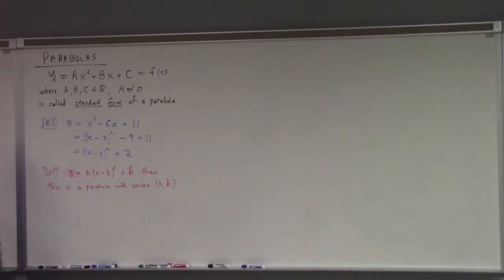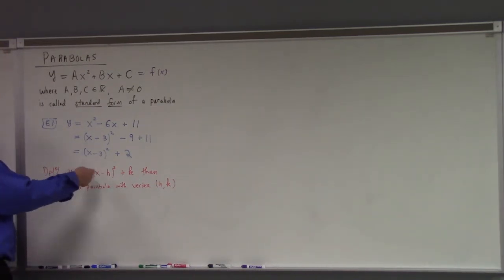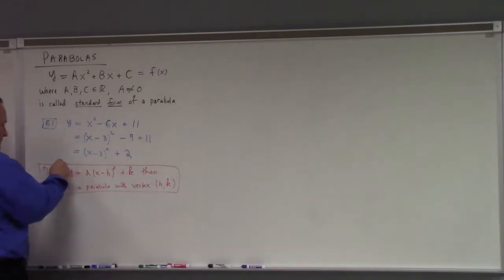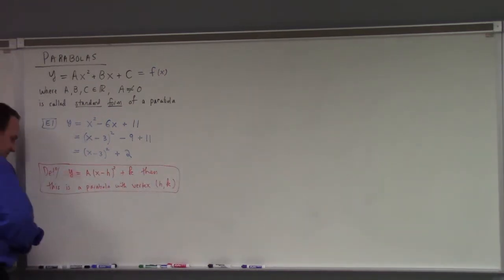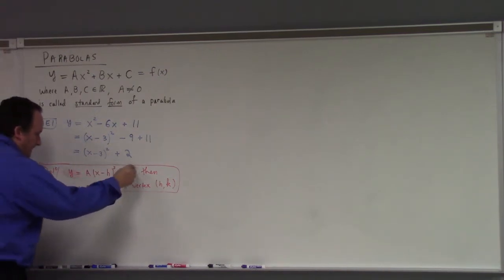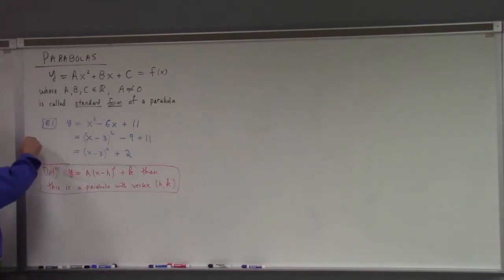This is called the vertex form of the parabola. So, right here, what I've done is write it in vertex form.